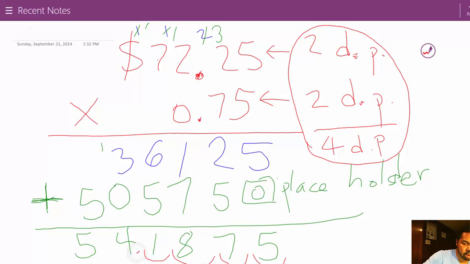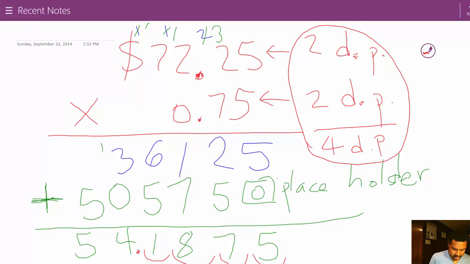Okay, so our answer is 54 and 1,875 10,000ths, which you just read symbolically as 54.1875. Again, the answer is 54 and 1,875 10,000ths. Okay?